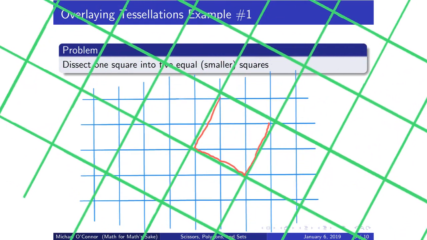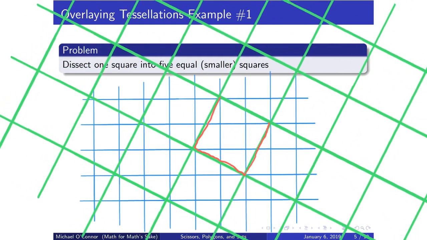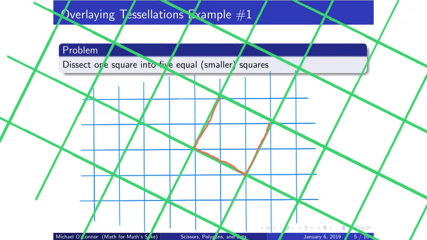We've sized up the larger tessellation so that the squares are 5 times as big as the smaller one. Because we can overlay them on top of each other so that the pattern inside here is the same as the pattern inside here, which is the same as the pattern inside here, and so forth, this induces a dissection of the five squares into one square.